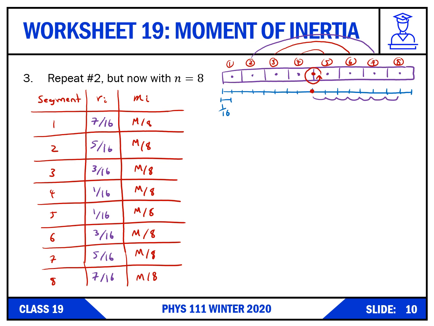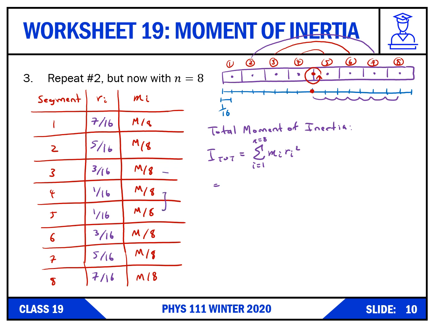So the next step is just to calculate the total moment of inertia. So I total is equal to the sum, where you start at 1 and go up to n equals 8, of m_i r_i squared. So as we've noticed, there's going to be two values that are going to be the same.